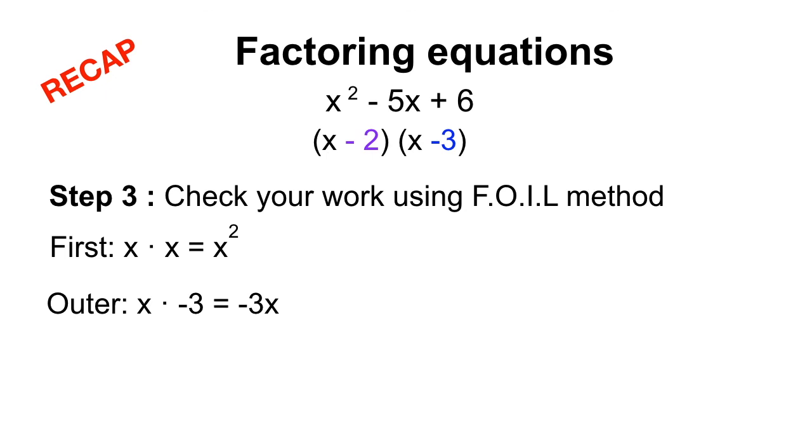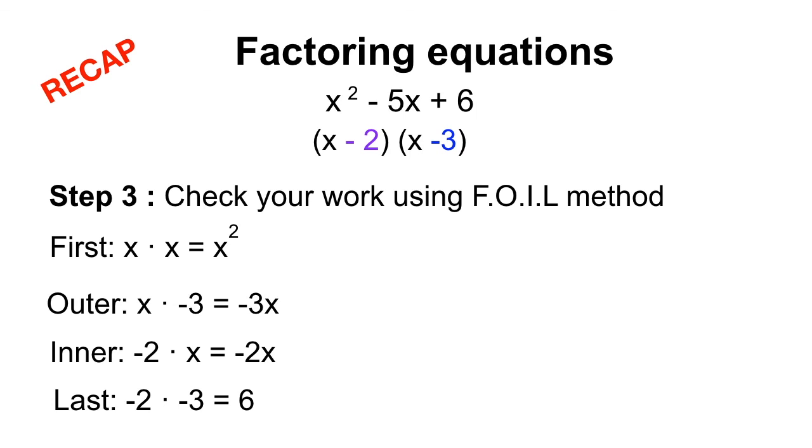And then the inner terms, so minus 2 times x is minus 2x, and then the last terms, minus 2 multiplied by minus 3 is equal to 6. And then all you have to do is clean this up, so add those common terms, minus 3x plus minus 2x, and that would be your final answer.